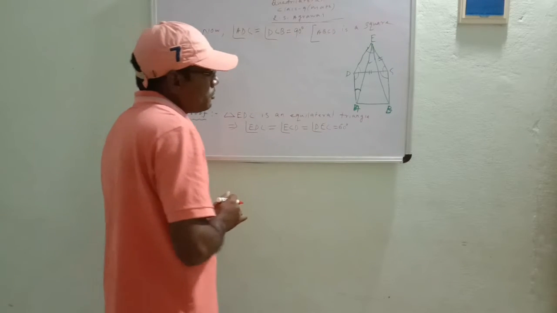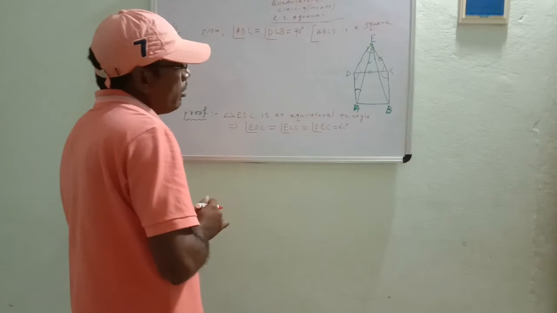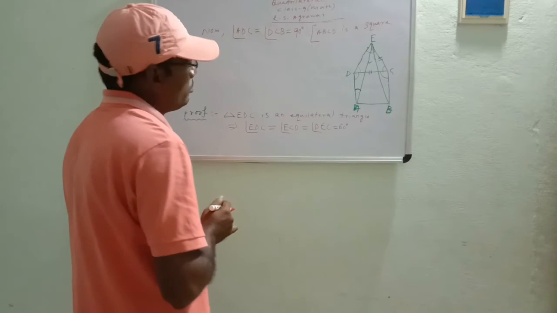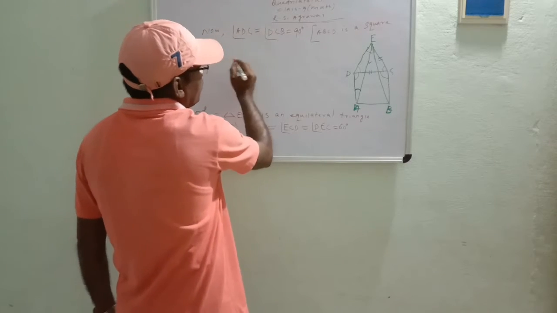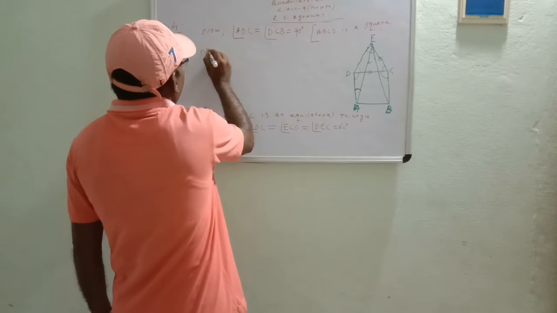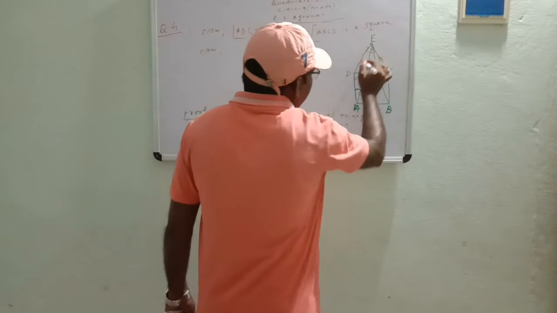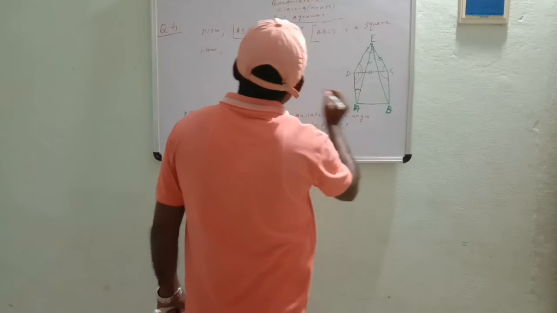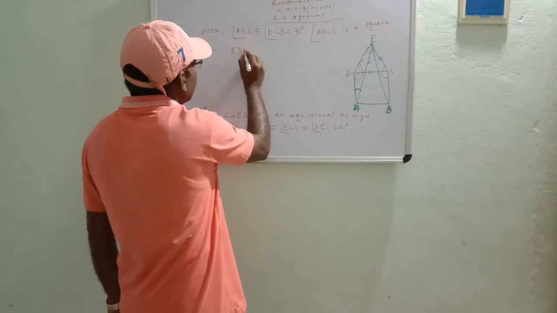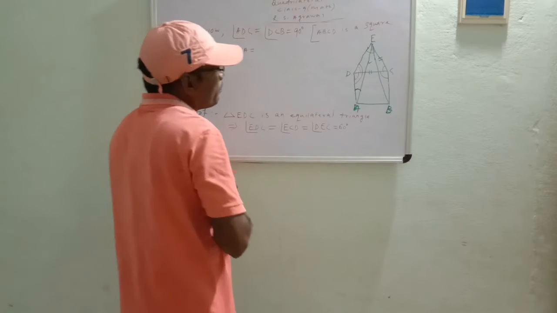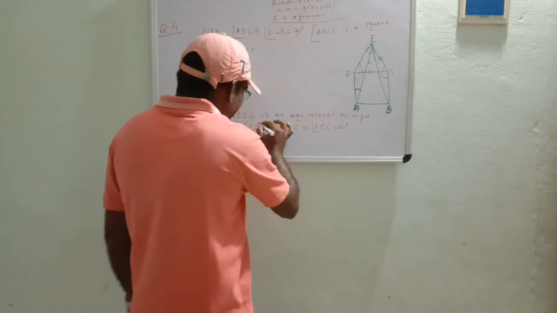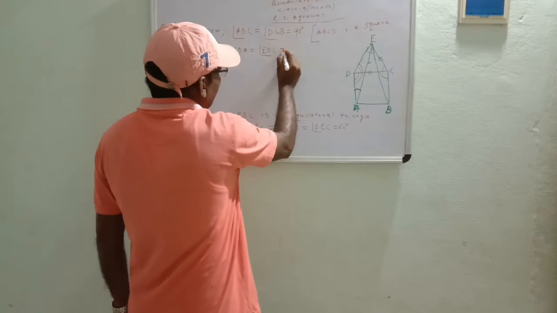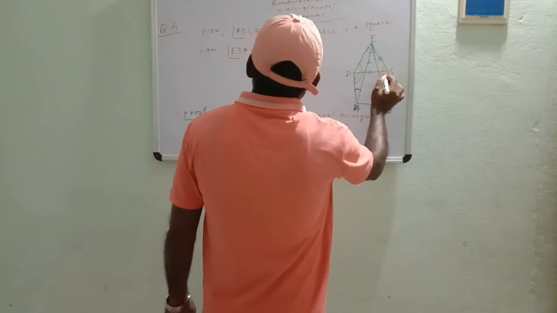Now find angle EDA, this angle. Now angle EDA is equal to angle EDC plus angle ADC.